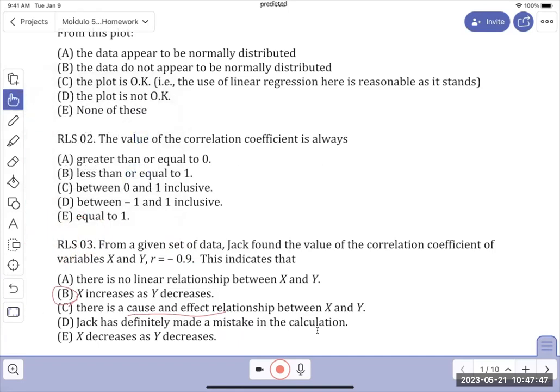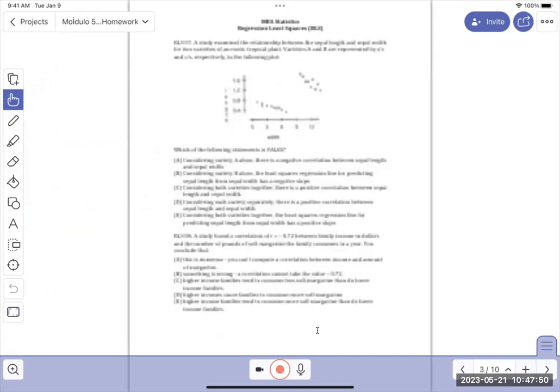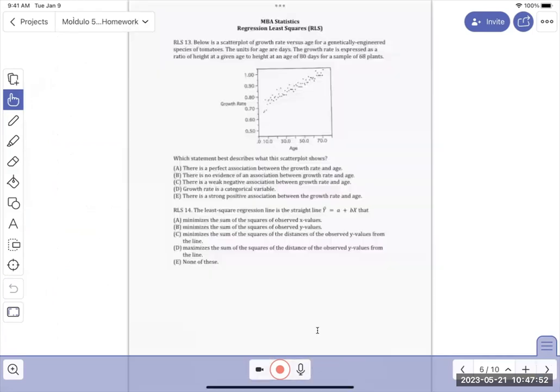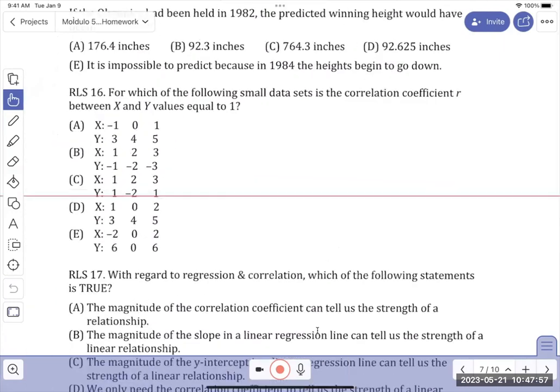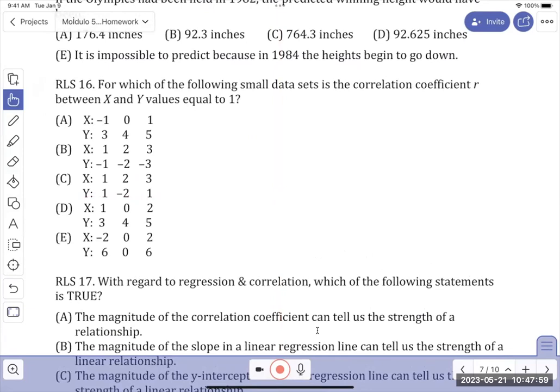Okay, I want to get into the ones that are these ones here. Okay, let's try 16. How would you look at that?